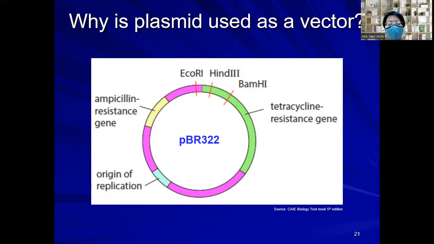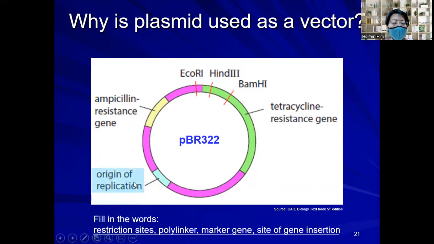So let us look at the components inside this plasmid called pBR322. So there's an origin of replication, and then there's this polylinker which contains 3 target sites for 3 different restriction enzymes. And then you got 2 additional genes here. One they call ampicillin resistant gene, and the other one they call tetracycline resistant gene.